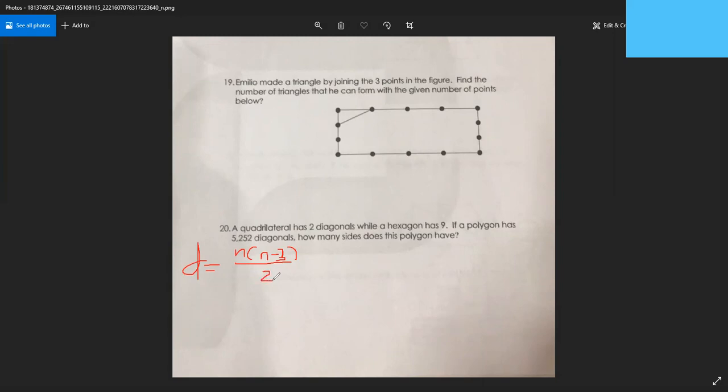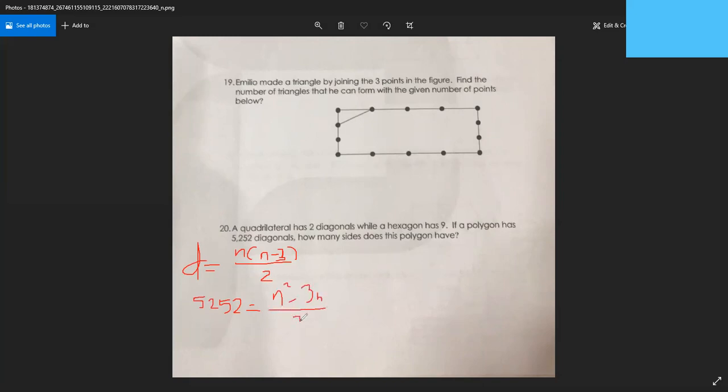Now, the number of diagonals is 5,252. So 5,252 is equal to n squared minus 3n over 2.